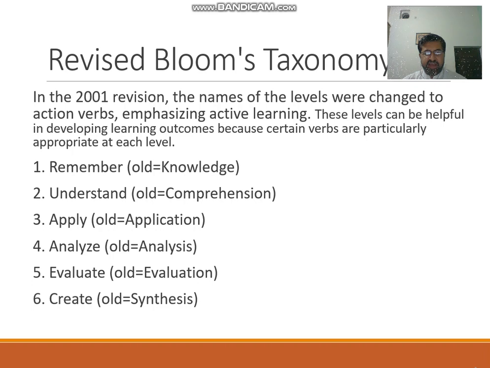Number five is evaluate, but in the old Bloom's taxonomy it was evaluation. Number six is create. In the old one, it was synthesis. So after the revision of Bloom's taxonomy in 2001, the levels were changed into action words.